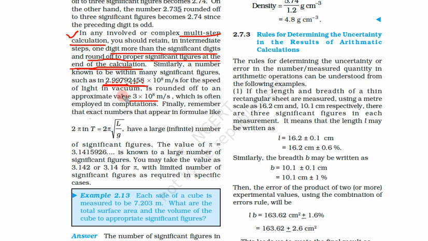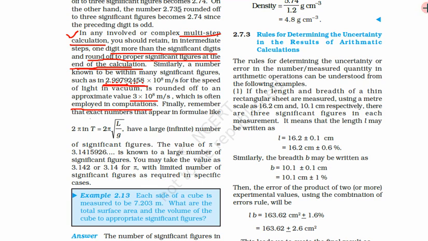This approximate value works very well and generally it is used in calculation. Suppose in your calculation it is given to use 3 into 10 to the power 8, then you consider it as a number. Any given value is always considered as a number and it does not have any significant figures. Just assume that it is 3.000 with as many digits as you want.